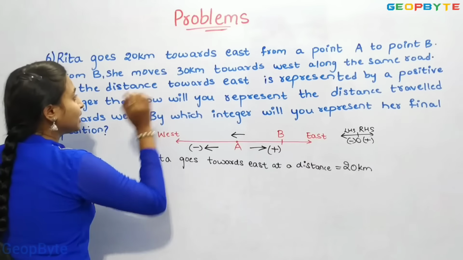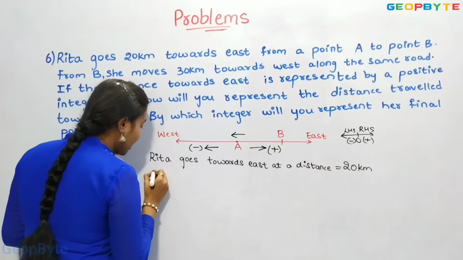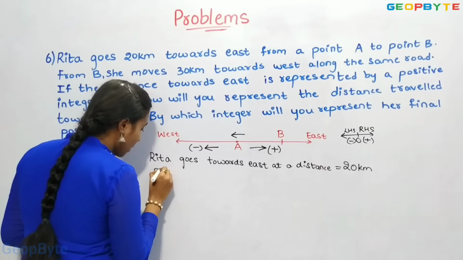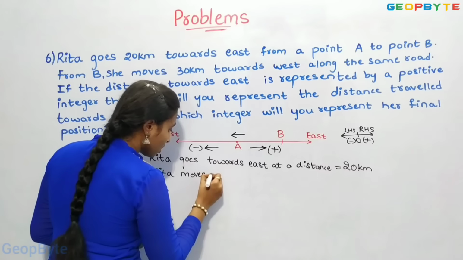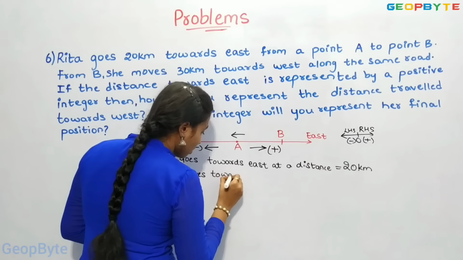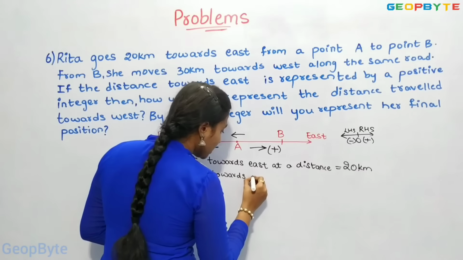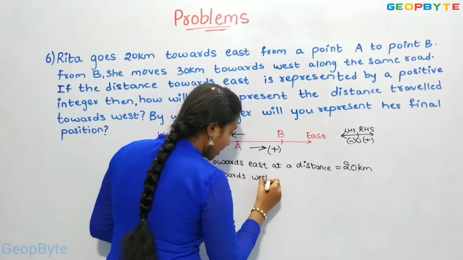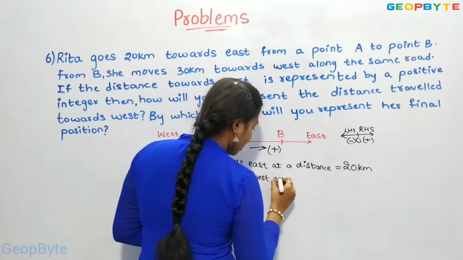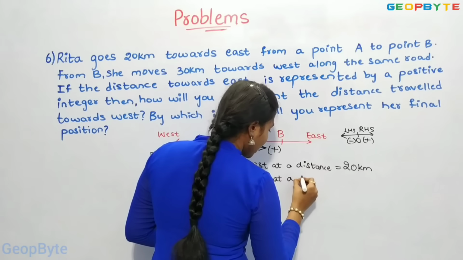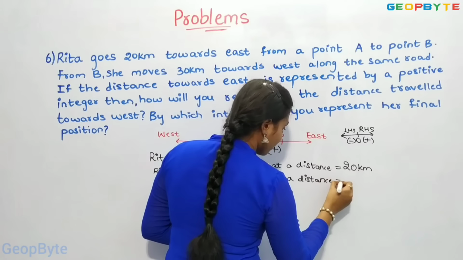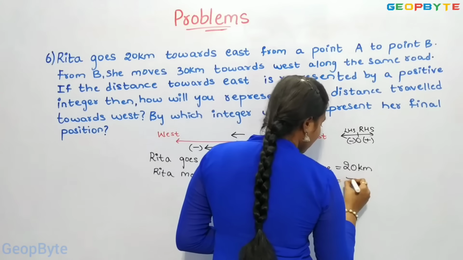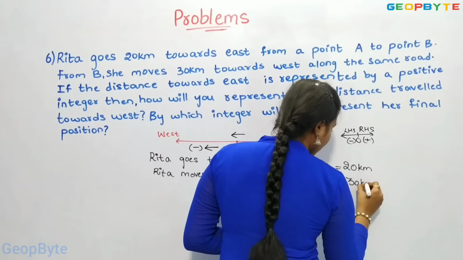So Rita moves towards west at a distance 30 kilometers.